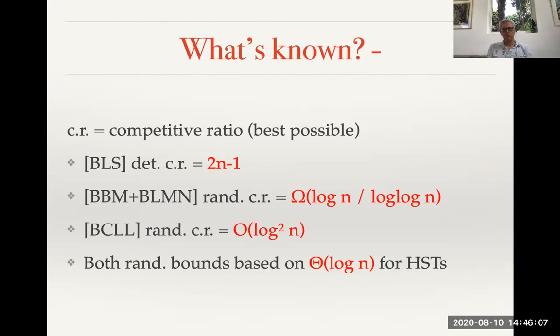Then a two-level such tree is a collection of uniform metric spaces separated by a much larger distance, and a three-level is a collection of two-level HSTs separated by a distance which is larger than the previous distance, and so forth. So these are hierarchically separated trees.